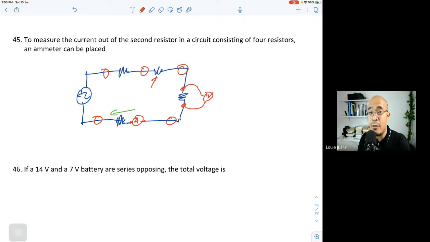The value of the current will be the same because in the theories that we've discussed, in a series circuit, all the currents are the same. So that is why you can put the ammeter, assuming that this circuit is connected in series, at any point in this circuit.